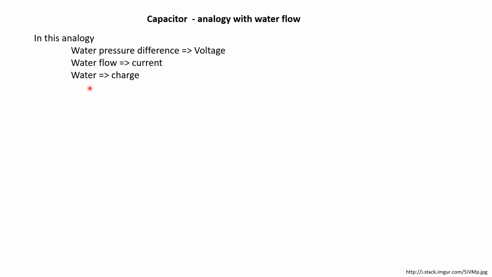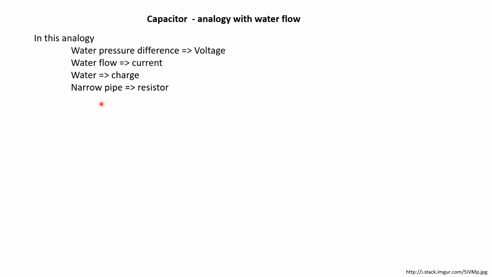In the previous video, we had developed an analogy between current flow in an electrical circuit and water flow. In that analogy, we saw that pressure difference in the case of water can be compared to voltage in the case of electrical circuits, and water flow itself can be compared to the flow of current, and the amount of water that has flown can be compared to the amount of charge that has flown in the electrical circuit.